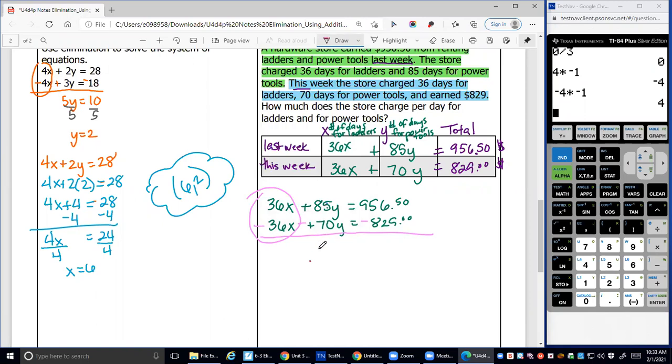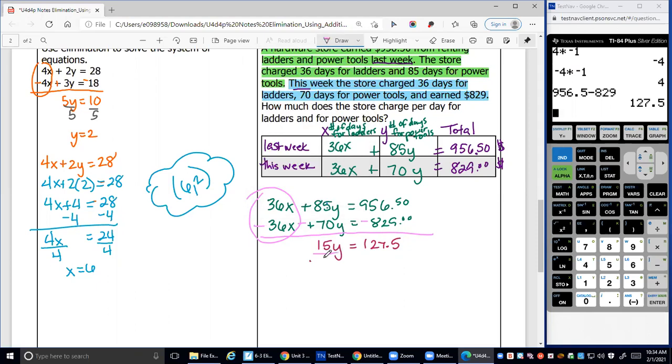And I get 15y is equal to, that's a little much for me on a Monday morning, minus 829. Make sure I type it in right. I get 127.5. Last step, all I have to do is divide by.